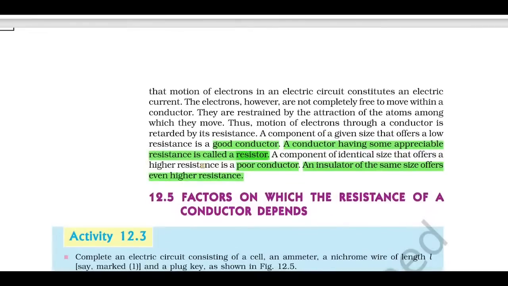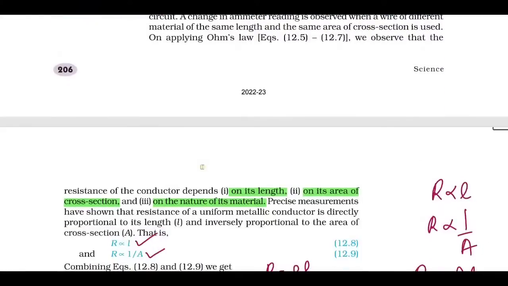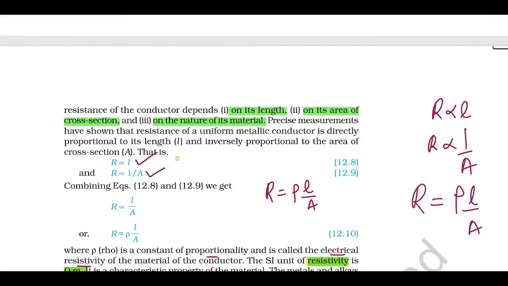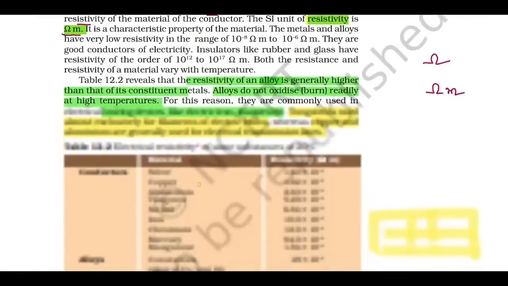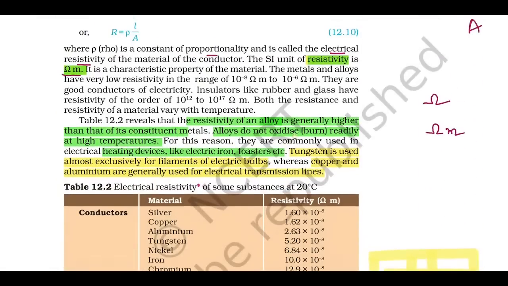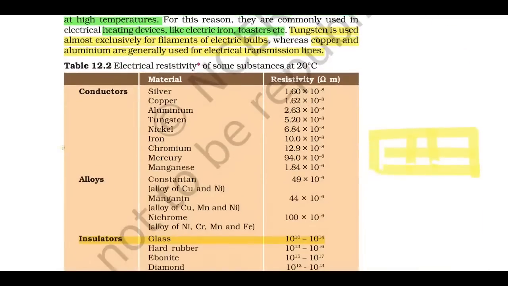Next, we had the factors on which the resistance of a conductor depends, the concept of resistivity, and the SI unit of resistivity. In the examination they'll give a table, many times with different elements and materials with their resistivity. If the resistivity is more, the conductivity will be less.